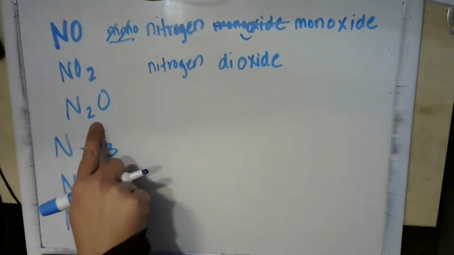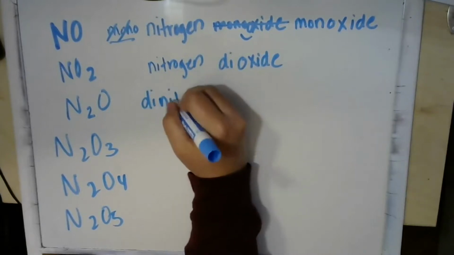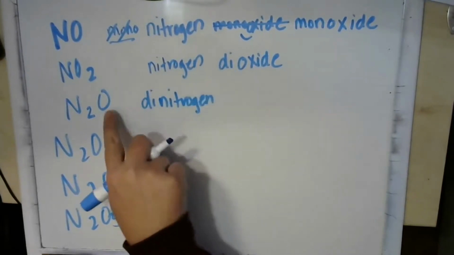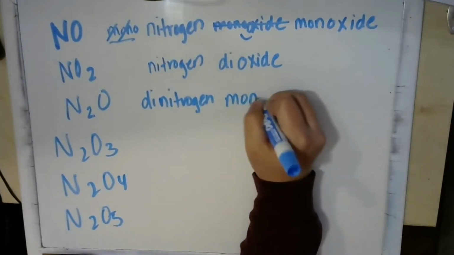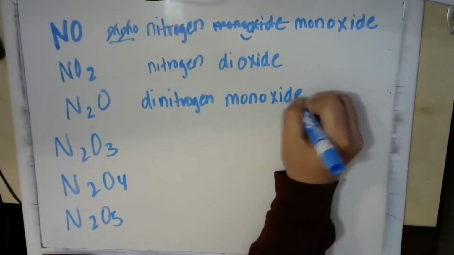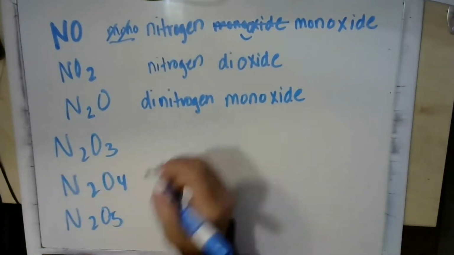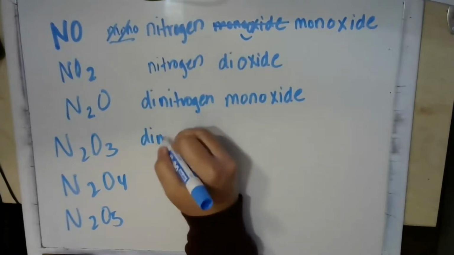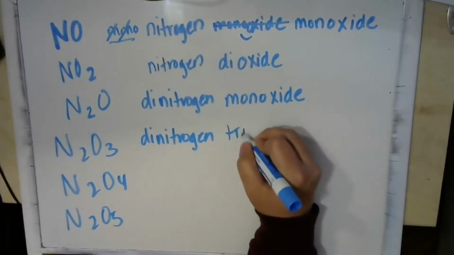Now we have two nitrogens, so that's going to be dinitrogen. We have one oxygen: dinitrogen monoxide. Two nitrogens and three oxygens: dinitrogen trioxide.